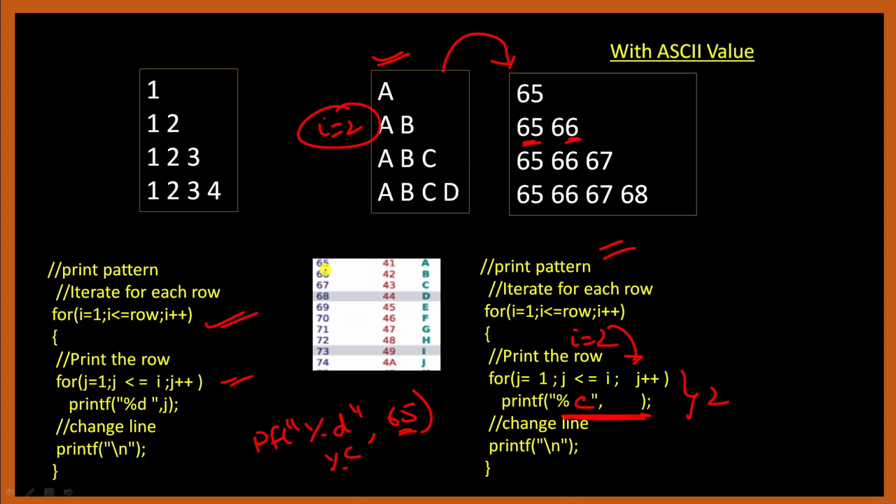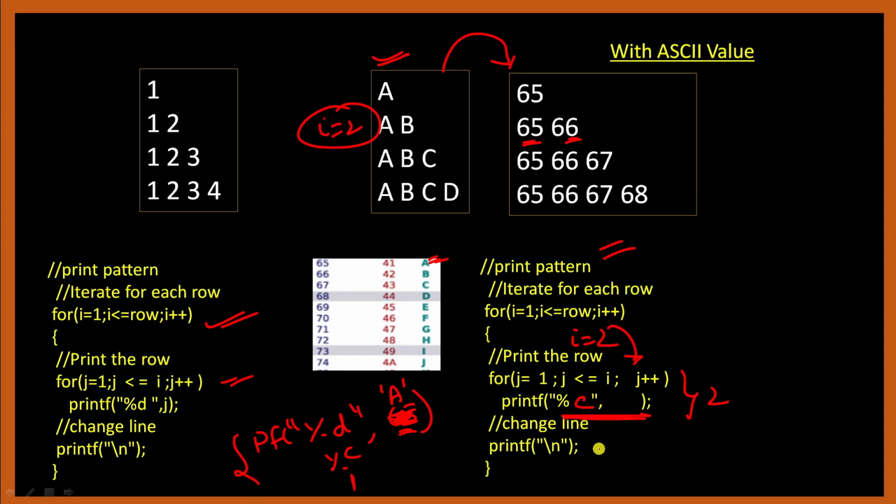For 65 the character is A, so A will be printed. In the same way, if we have the character constant A and I use percent d, then 65, the ASCII value of A, will be printed. And if I use this character with percent c, then simply this character will be printed. We have already explained this in our previous videos on C programming basics, you can check there.